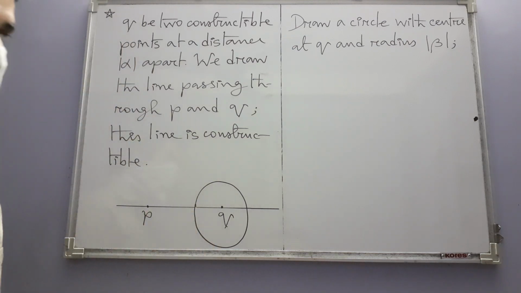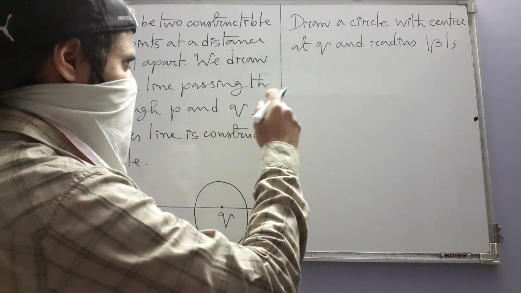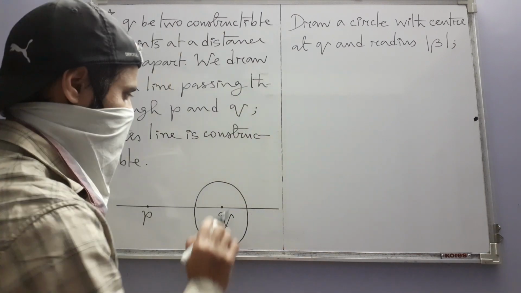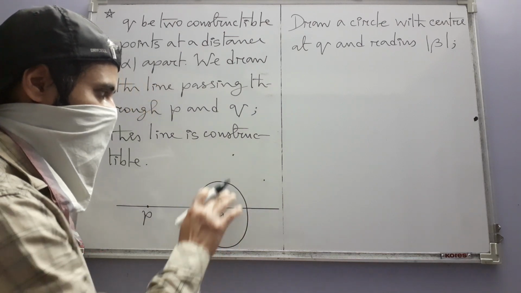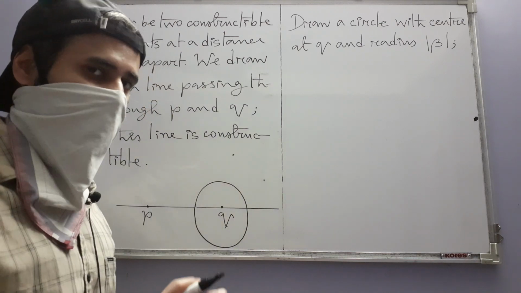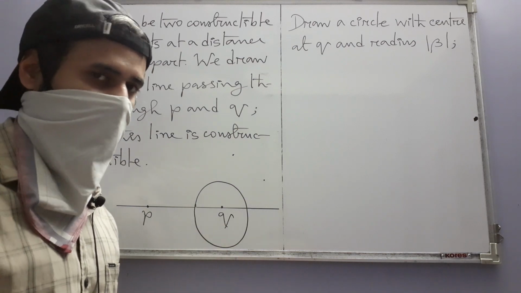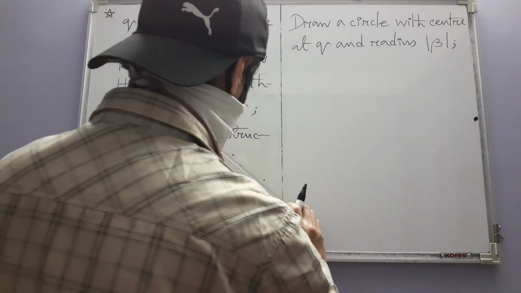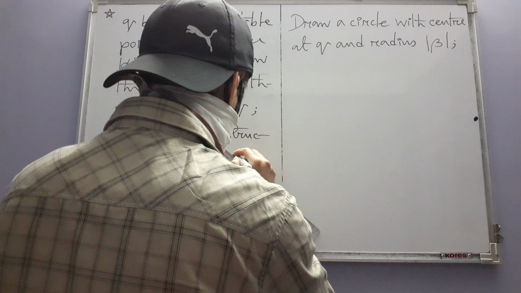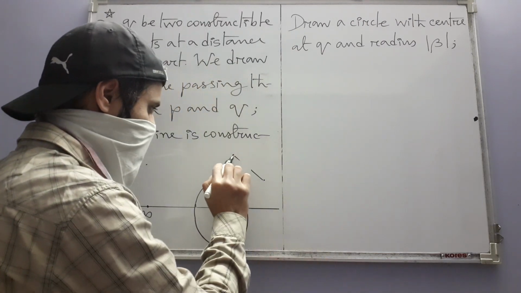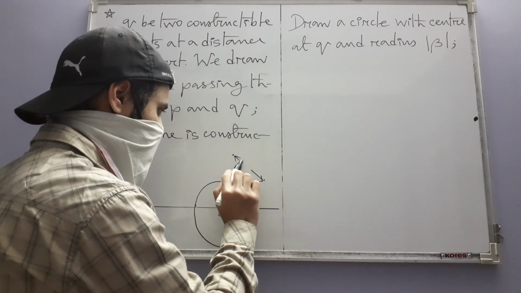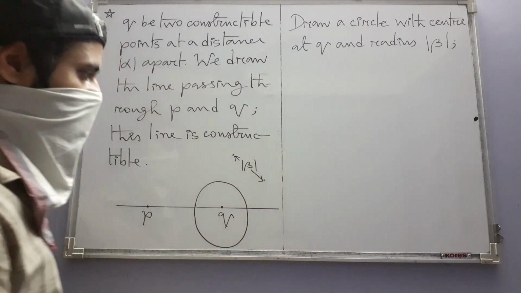Because it is given that just like alpha, beta is also constructible, so by the definition of constructibility, there exist two constructible points somewhere in the plane where we don't know, and it does not matter, such that the distance between these 2 points is this.